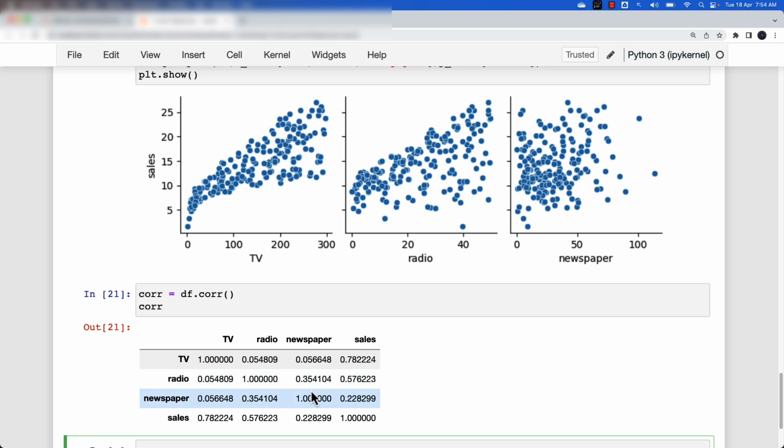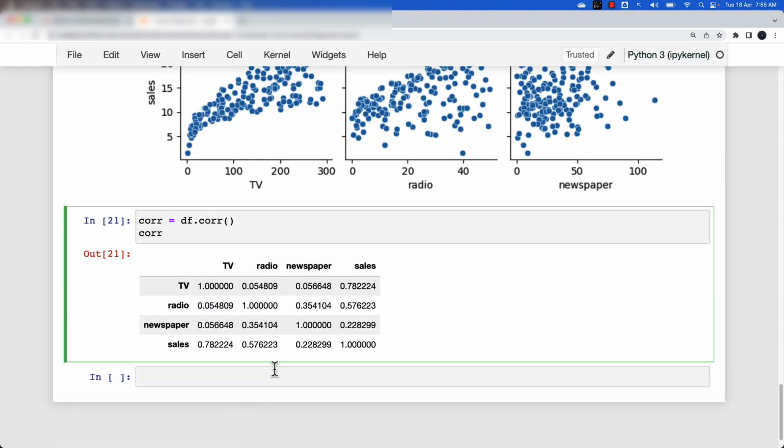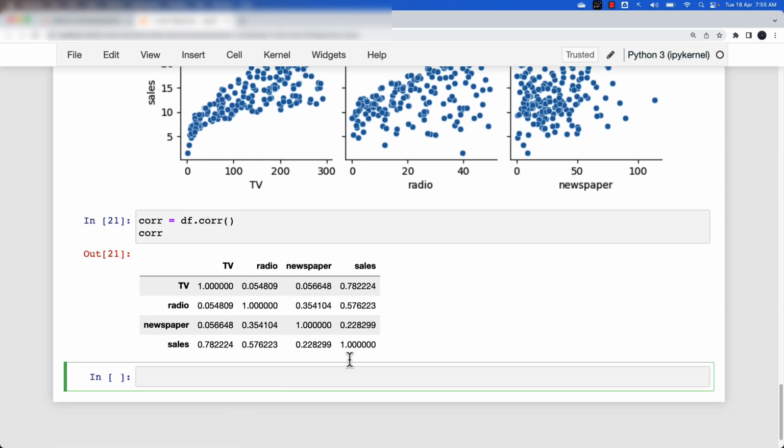Here I'm interested in the sales column. TV and sales are having the correlation coefficient of 0.78, radio it is 0.57, and newspaper you can clearly see it is very low, that is 0.22. In this way we can visualize the data.